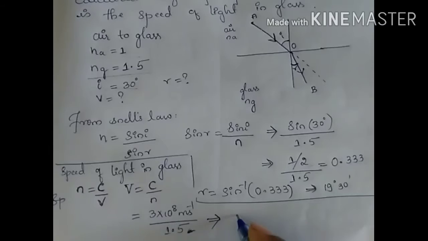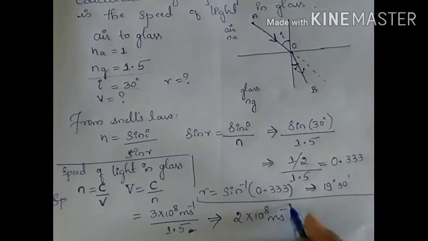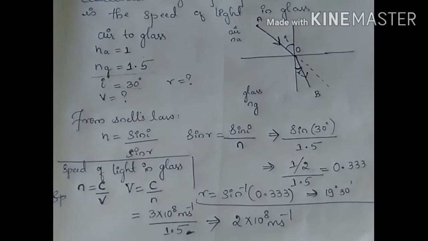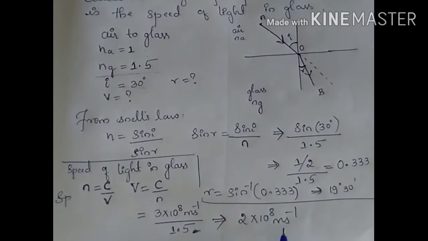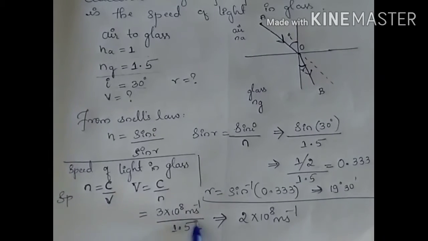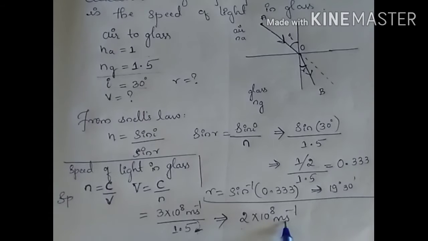If you solve this, you get 2 into 10 power 8 meters per second. So the speed of light in a glass medium came around 2 into 10 power 8 meters per second, since the refractive index of glass is 1.5.